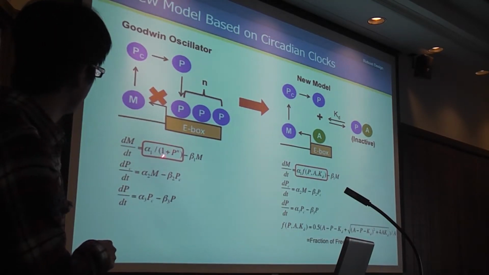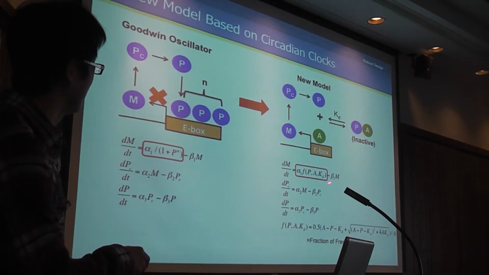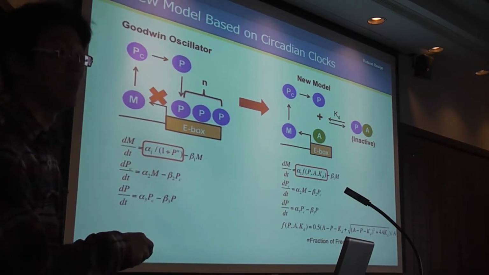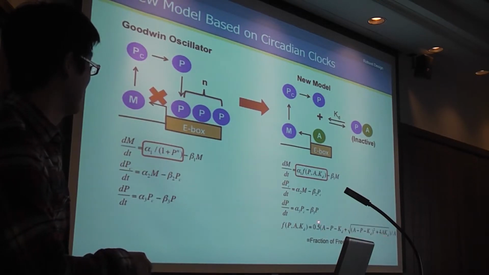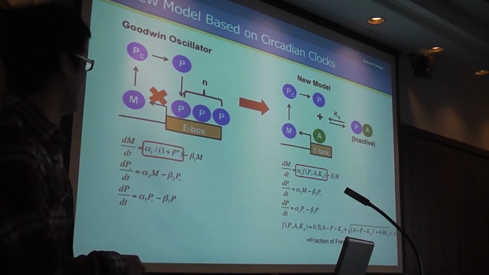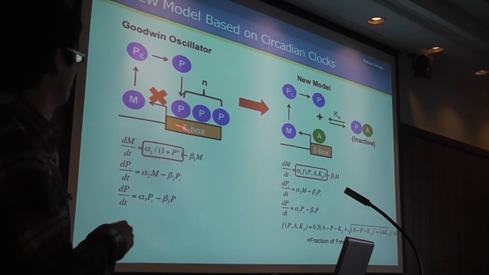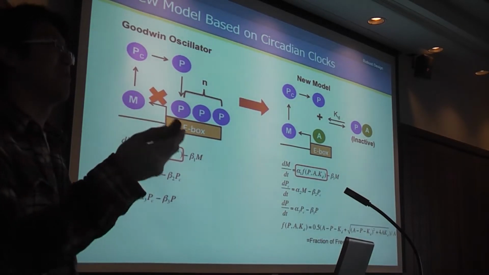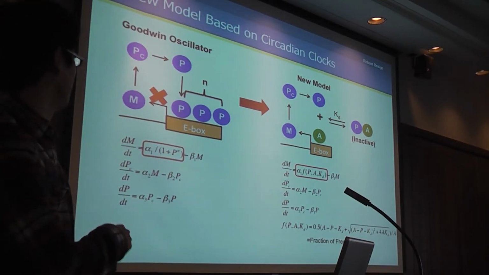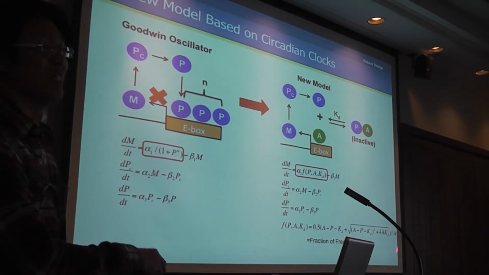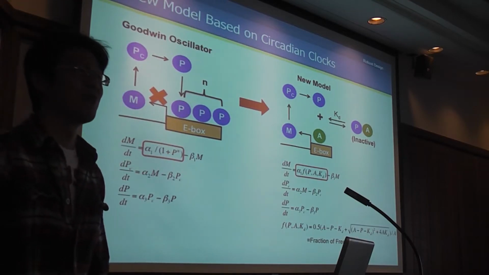So I simply changed this equation to here to represent this protein sequestration. The other equations are exactly the same, but this is pretty complex, right? That's why previous studies preferred this type of thing. If you imagine doing some analysis for these two systems, this one is kind of a homework problem, but this one is really a hardcore problem.